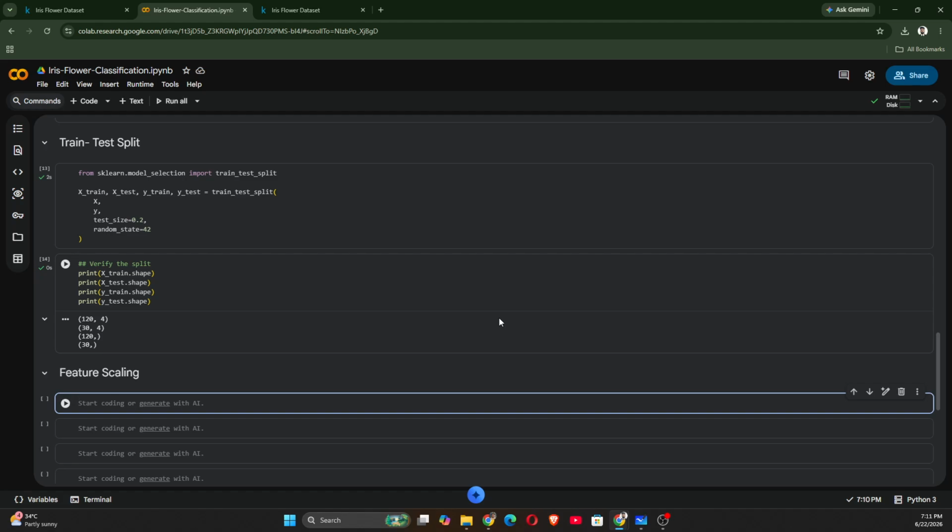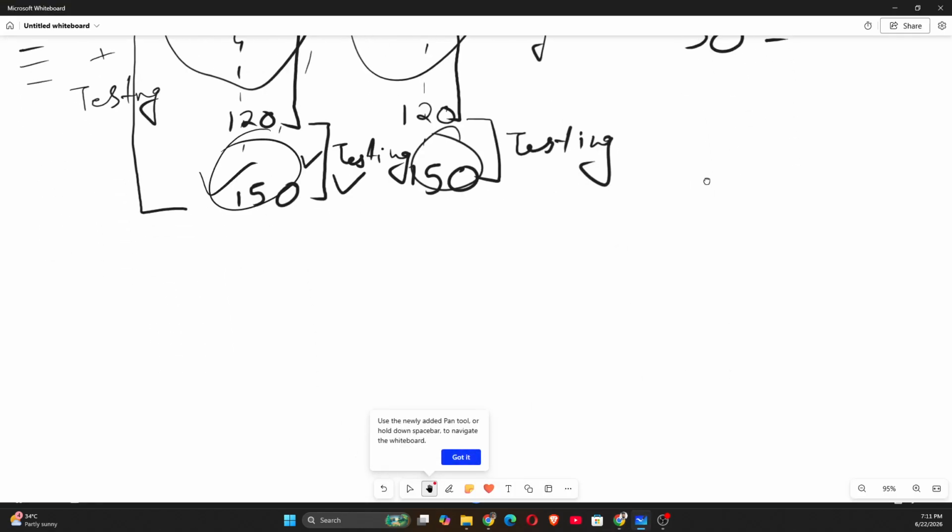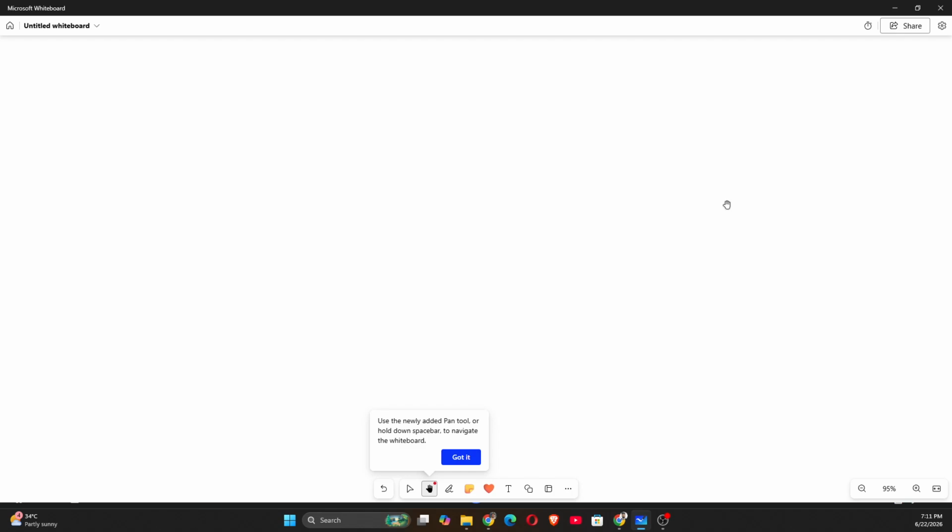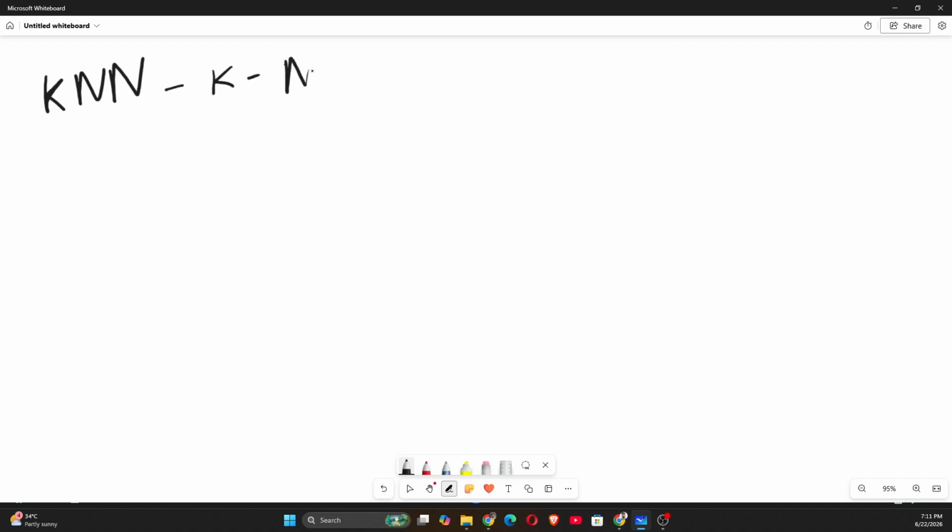Yes, it is a classification algorithm, but because k nearest uses the nearest, let me explain again. We are using KNN, which stands for k nearest neighbors.